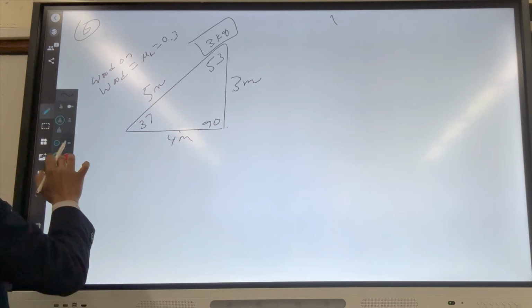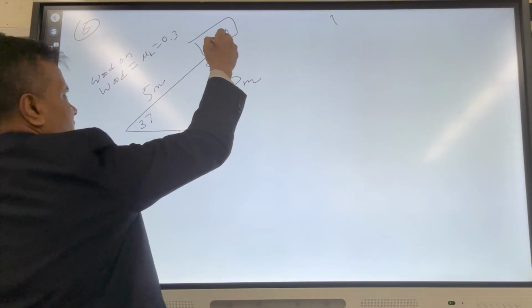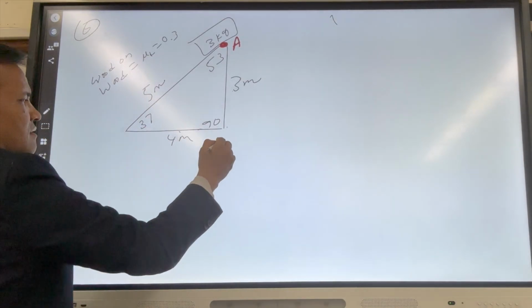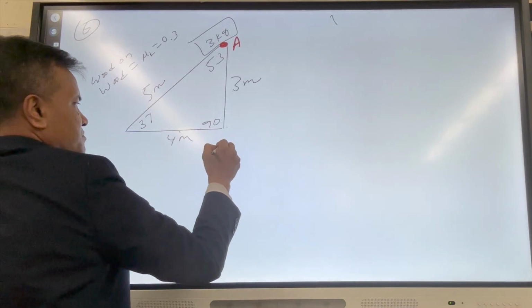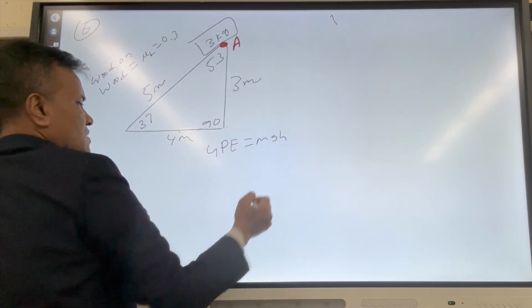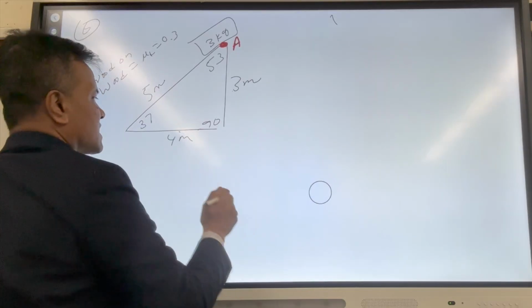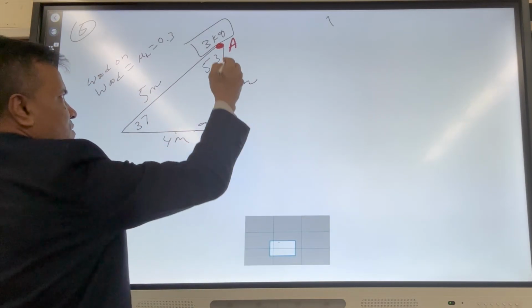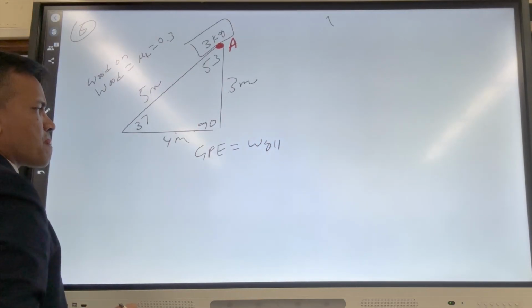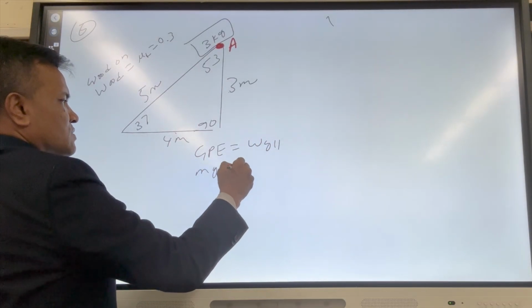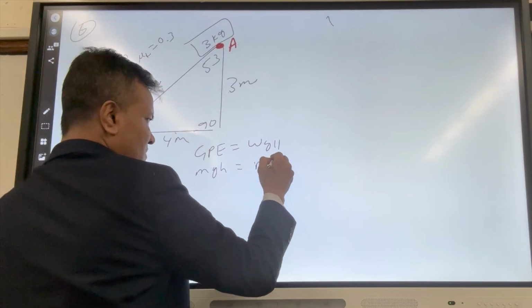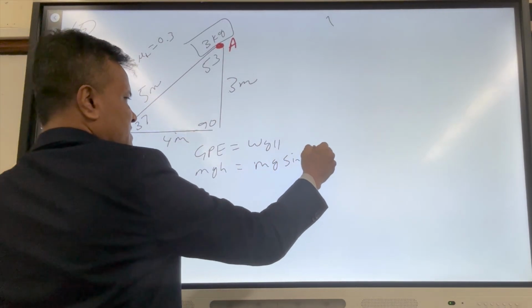First of all, we're going to talk about what the energy is at location A. Very simple. Energy at location A is gravitational potential energy, mgh. We can say gravitational potential energy at location A is equal to Wg parallel times d. They are the same. So mgh is equal to mg sine theta d.